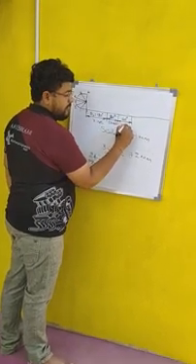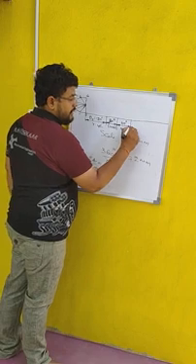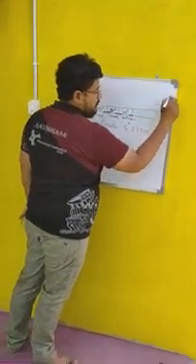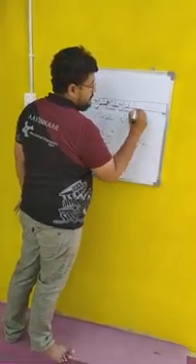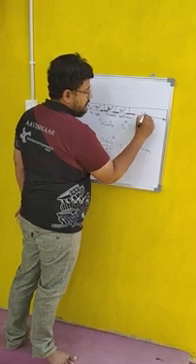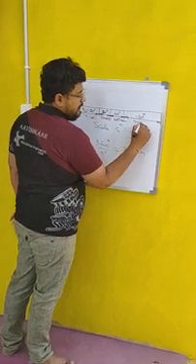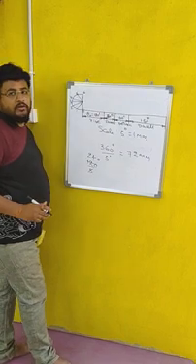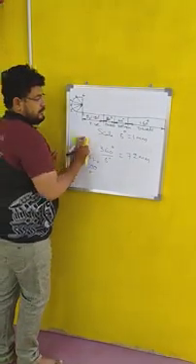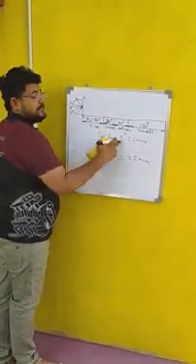This is the return period, and the remaining 150 degrees is the dwell period. This is what is given in the question.